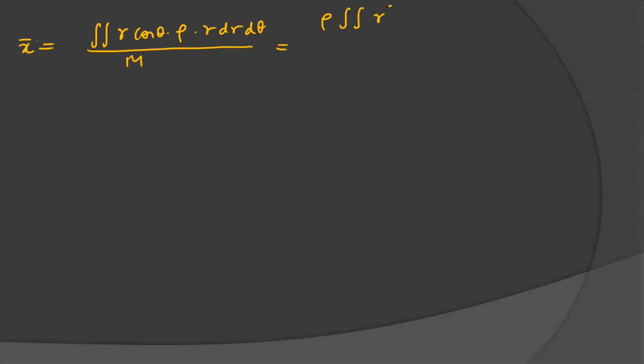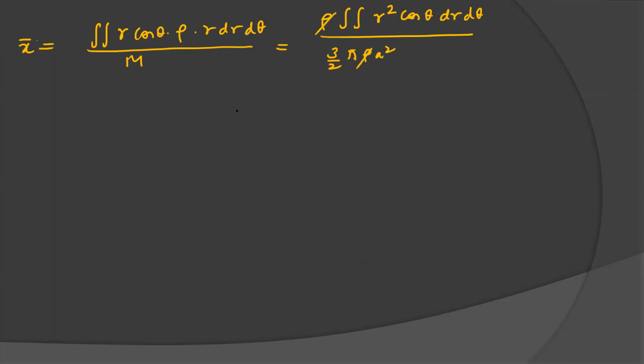Now your x bar is going to be, so double integration, x equal to r cos theta, rho into r dr d theta over the mass. So rho you can take outside. It is equal to r square cos theta dr d theta over 3 by 2 pi rho a square.